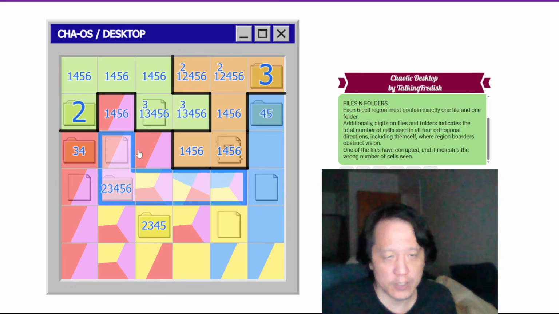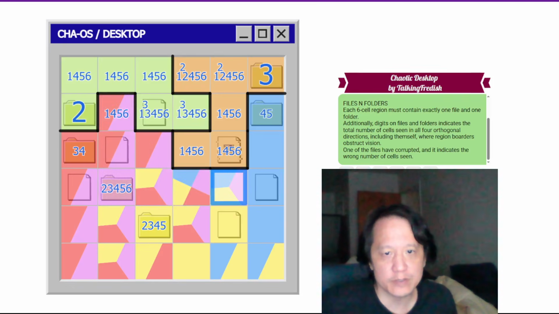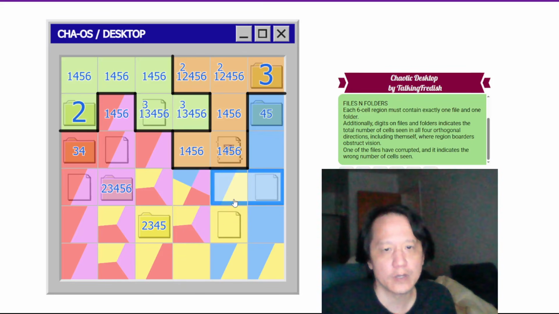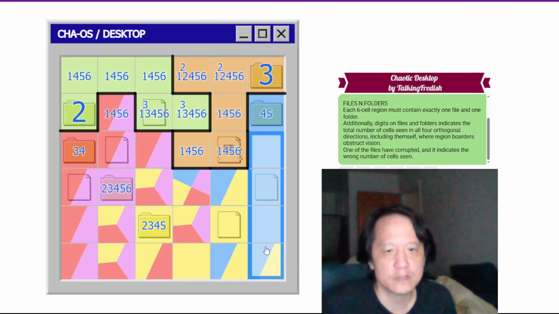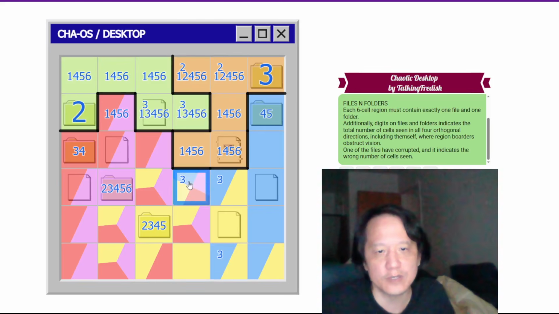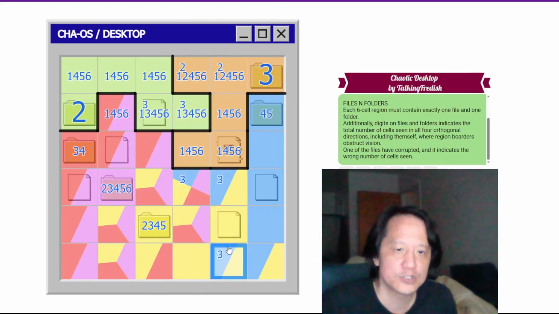It can't go here because then all of these would have to be pink. So pink cannot be here. This is blue or yellow. Okay. This, well, we don't know what this is. So 3 has to be one of these 3 here, but that doesn't tell us much.